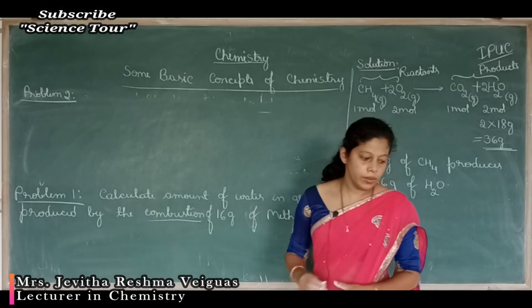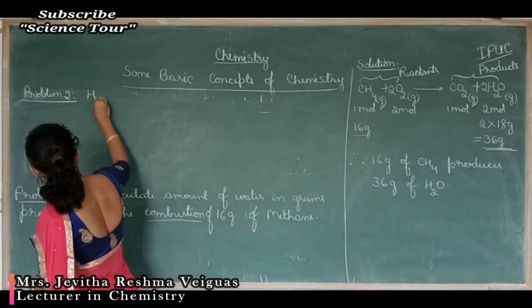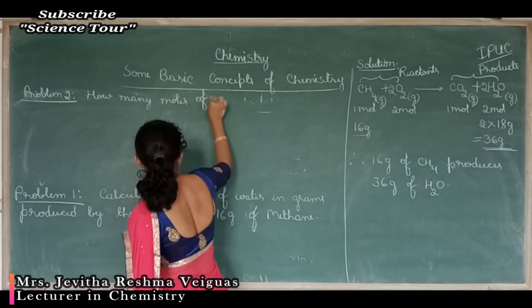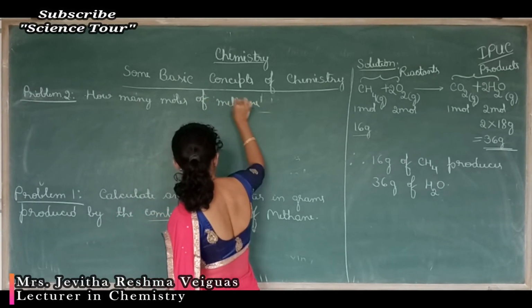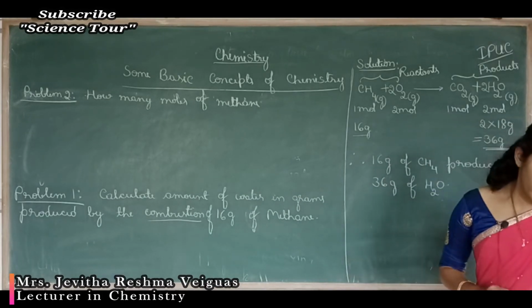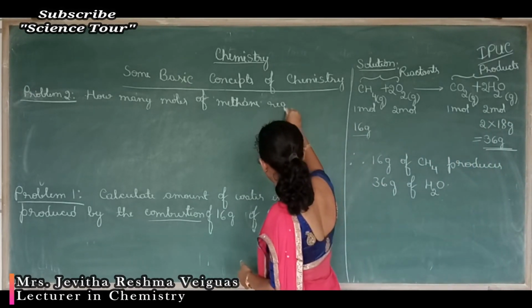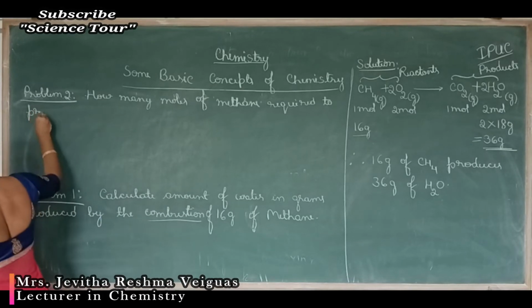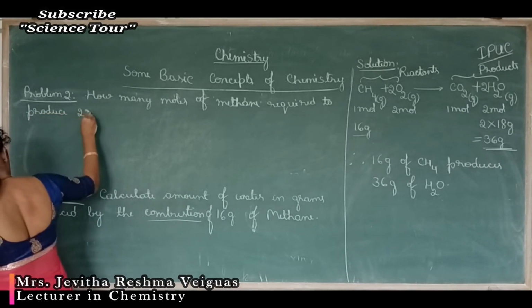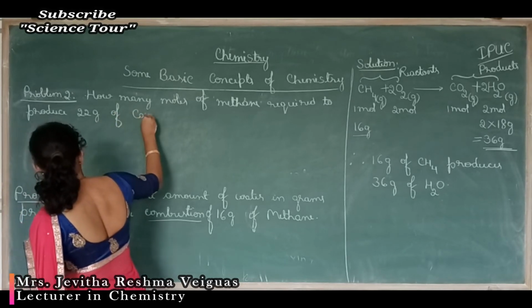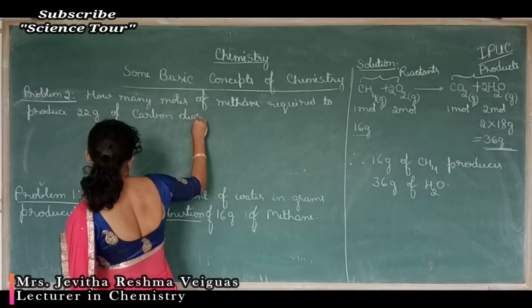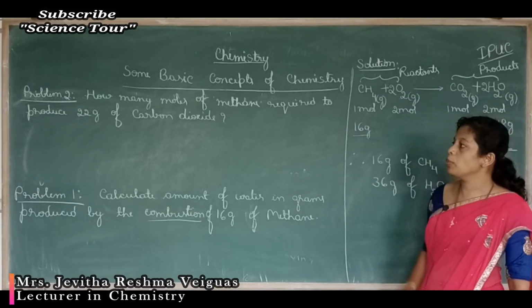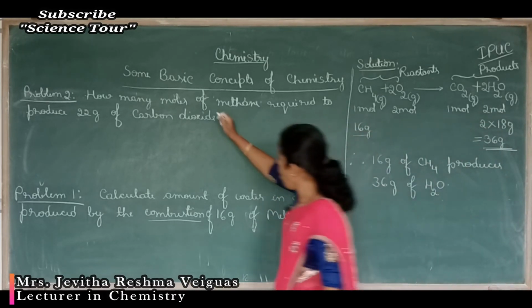How many moles of methane are required to produce 22 grams of carbon dioxide on combustion?